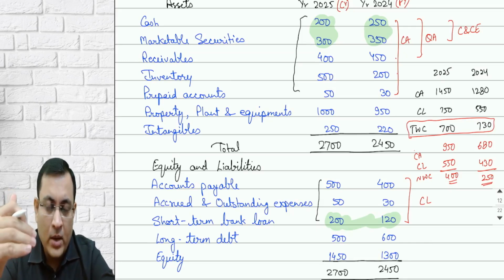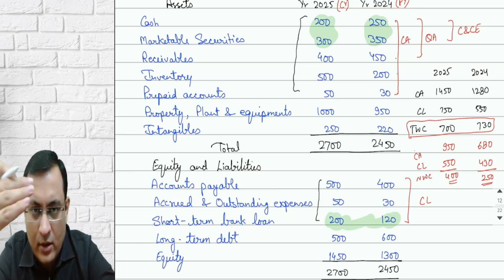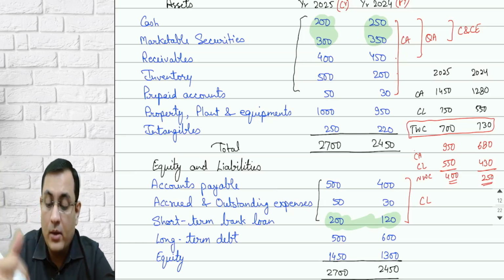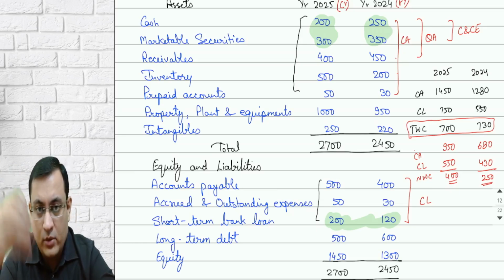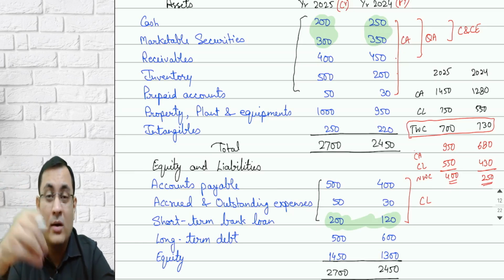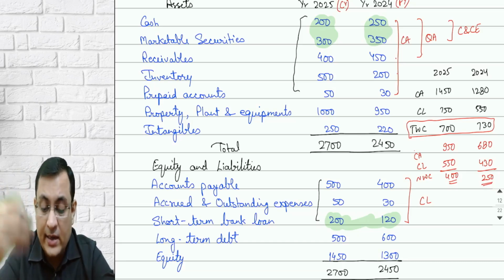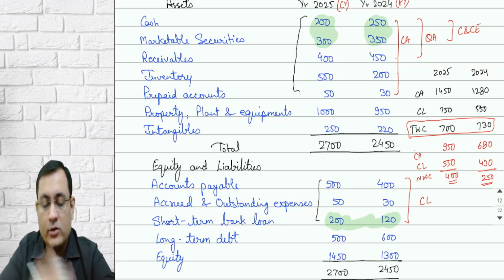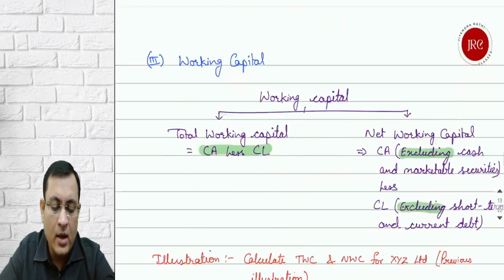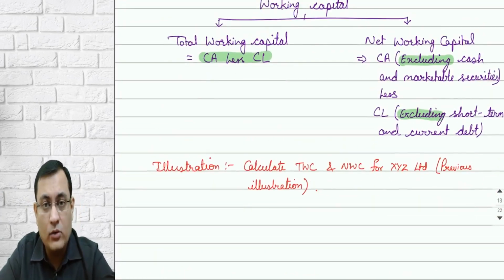That is why your current liability increased. That is why your TWC decreased, but your actual NWC, which is the actual amount invested in inventory, receivables and prepaid, is increasing from 250 to 400. So this is the first type of question which we may get, where they may ask us to find out what is TWC and what is NWC for the business.